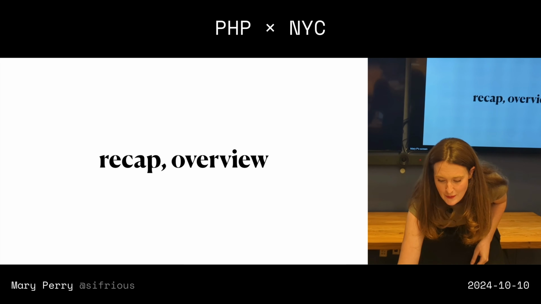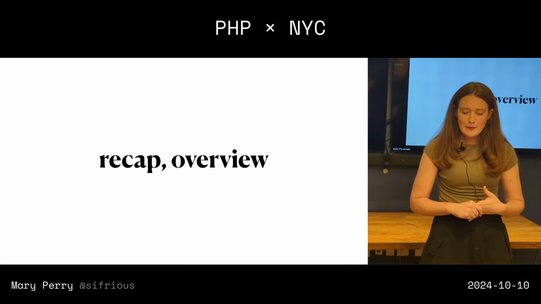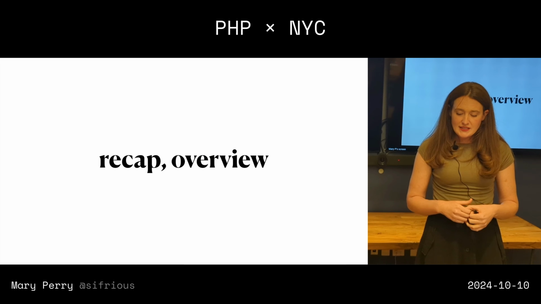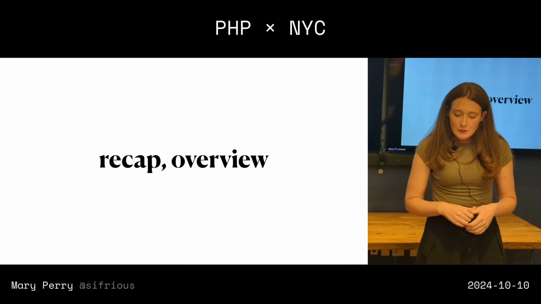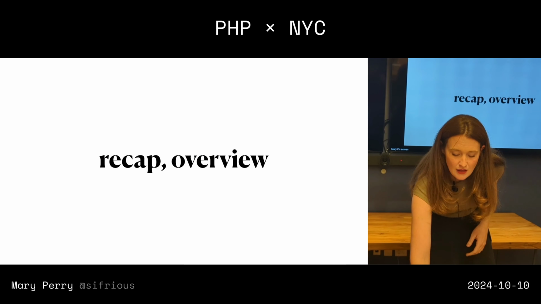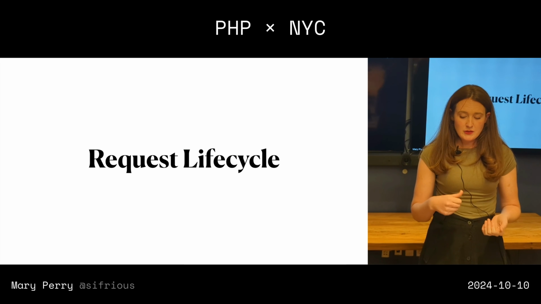So, recap and overview. At this point, you probably noticed that all the things I'm describing are examples in the bootstrapping stage of the Laravel request cycle. More information is available in the Laravel docs. We have the service container, a singleton, which is instantiated at the beginning of the request. Services bound to it are factories.